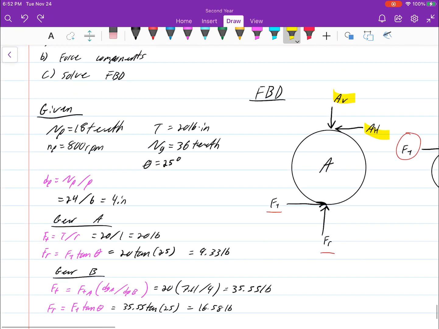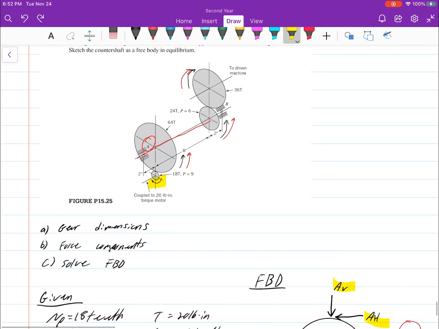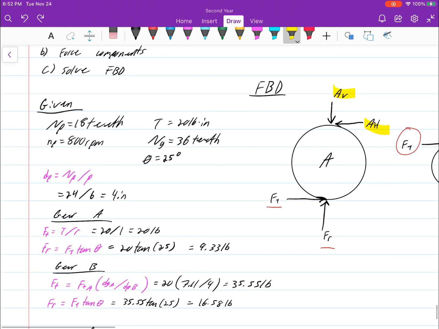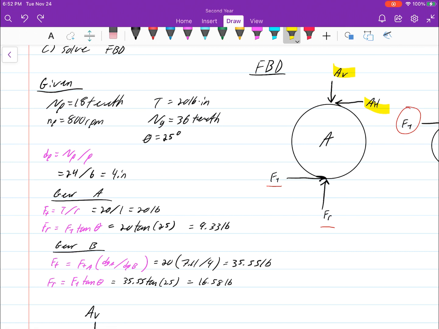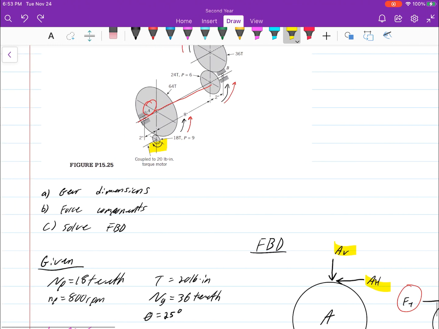To do that, we take the number of teeth, which was 24, and divide that by the pitch, which was 6, and that gives us 4 inches.